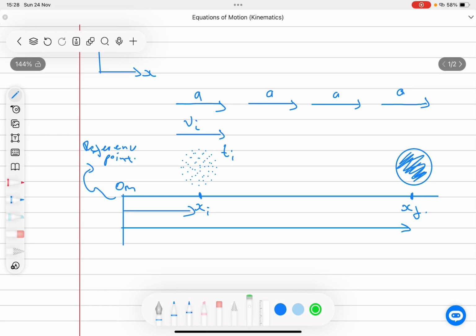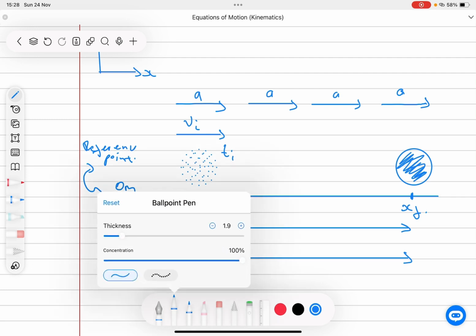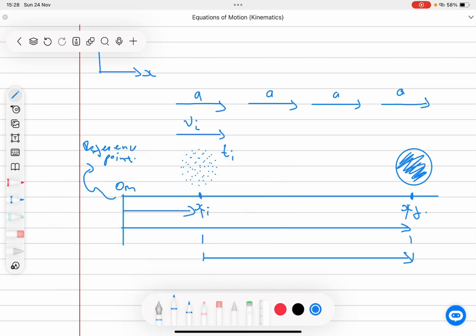Now you have to understand that the object was displaced from xi to xf. That means it covered this length here in that direction. So the displacement is from xi to xf.